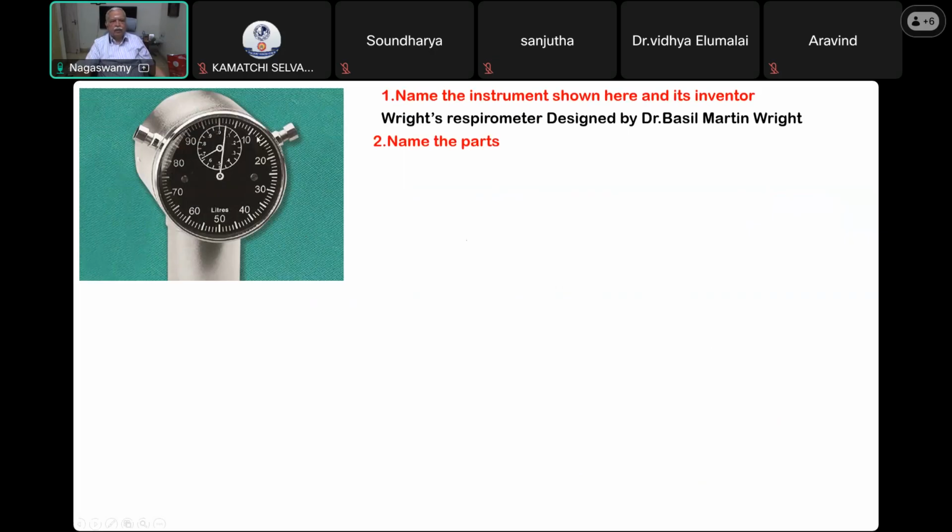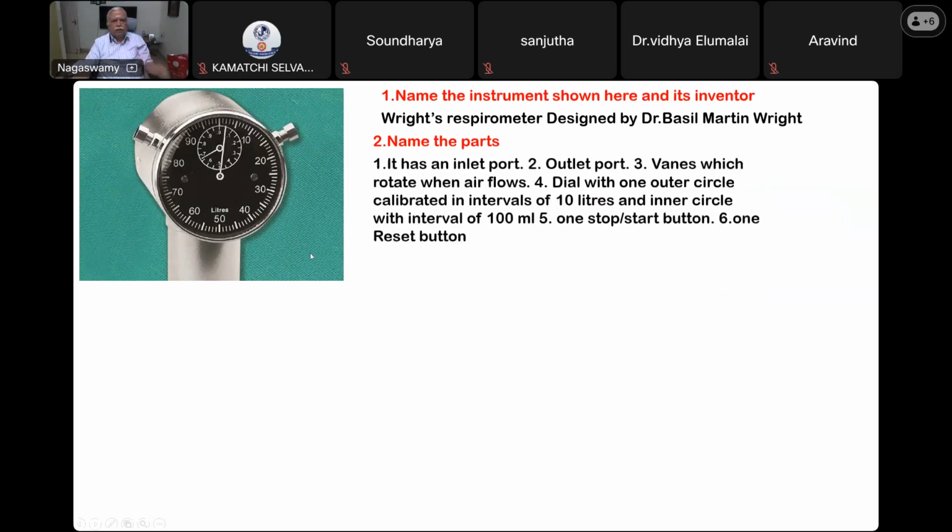Okay. So there are 2 markings. So it has an inlet port, which is this portion. And there will be outlet port on the back, and vanes are there to make the air rotate, and the dial with one outer circle calibrated at intervals of 10 liters and an inner circle with interval of 100 ml.